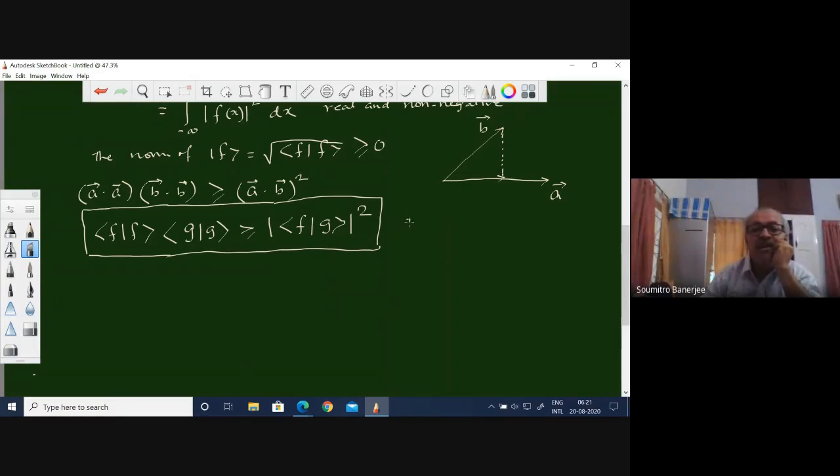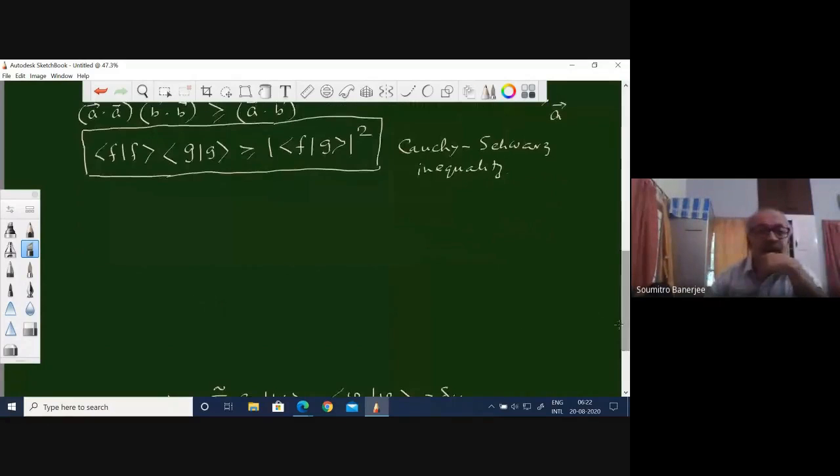It's called the Cauchy-Schwarz inequality. So keep it written in your copy because we will refer to that later. And this is obvious that this will be true by the construction. I'll not go into the detailed mathematical proof of it. Intuitively, this should be true.